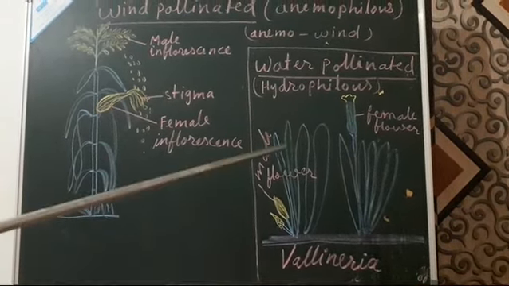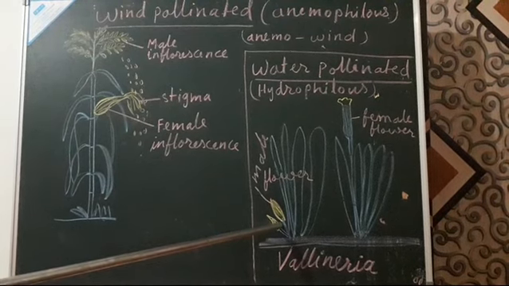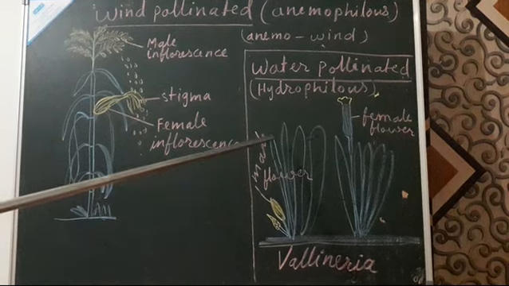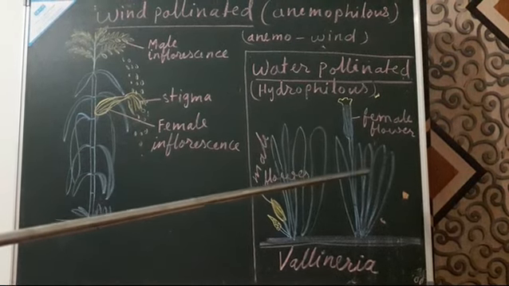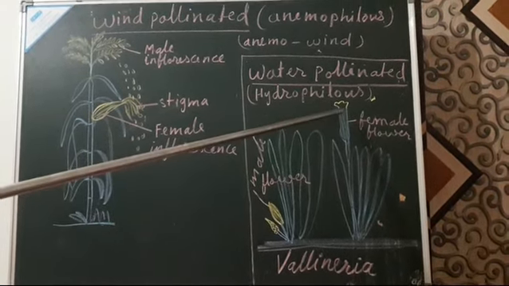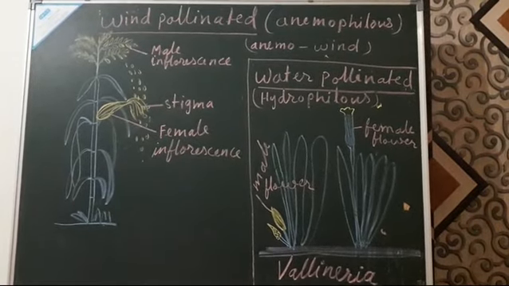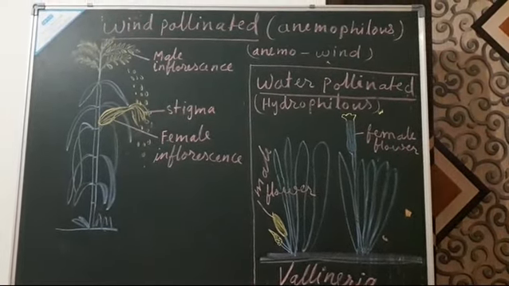When this anther is detached, pollen grains move in the water till they visit the female flower. So this is the way pollination takes place in water plants. And next we will see about artificial pollination.